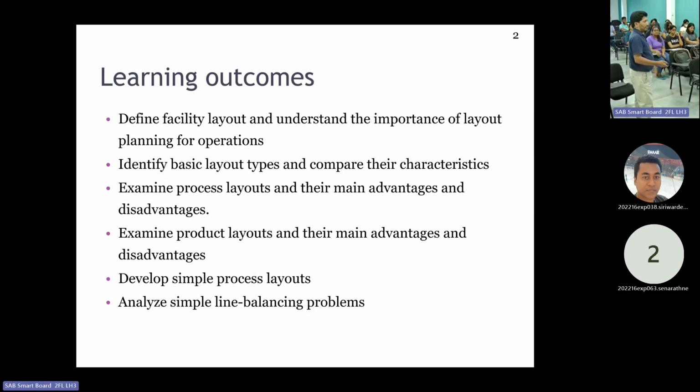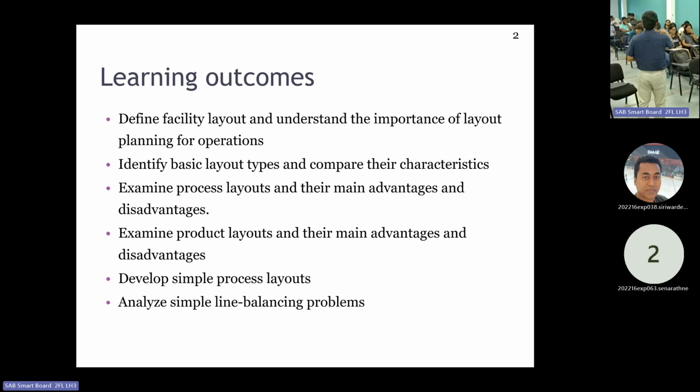And at the same time, we mainly focus on identifying basic layout types available and their characteristics. What main advantages are there, what main disadvantages there are.